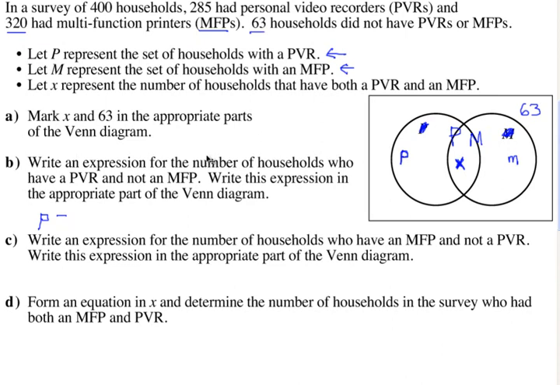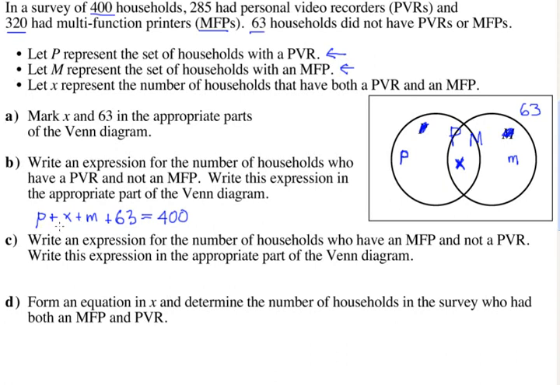I'm going to start a little bit differently. First thing I'm going to write is, for all of these sections combined, we have little p, and we have X, and we have little m, and we have 63. Okay, so left section, middle section, right section, and then the outside section. Here they all are. All that has to make 400 because they said there's a grand total of 400 households.